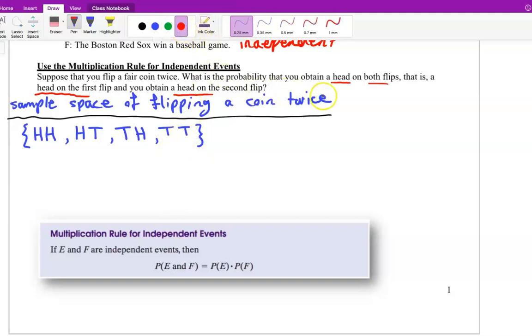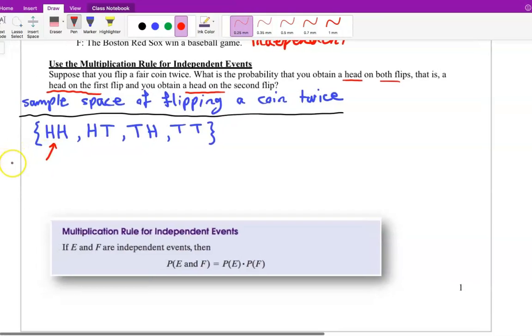What we need on this part is, what is the probability that you obtain head on both? So we need this one.